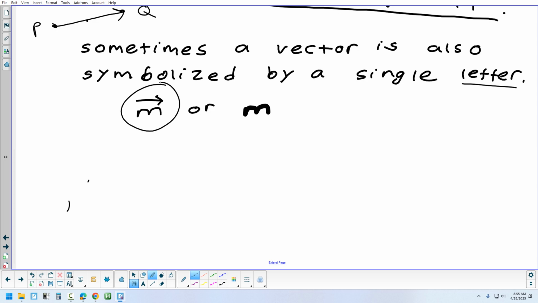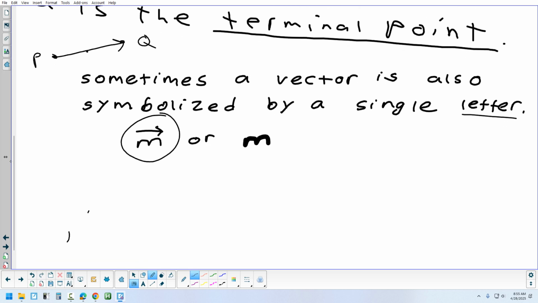Or just make the letter bold. Okay? And that's the one that you're going to see in our book most often. Okay, so anytime I refer to a vector in this section by its name, I either have to give it a letter with an arrow on top, or I have to make the letter bold. As far as the letters you can pick, almost any letter you want.